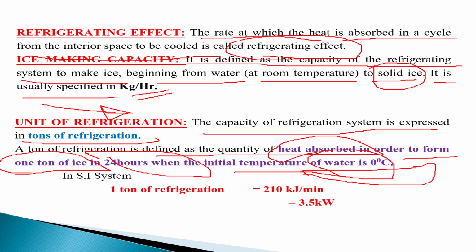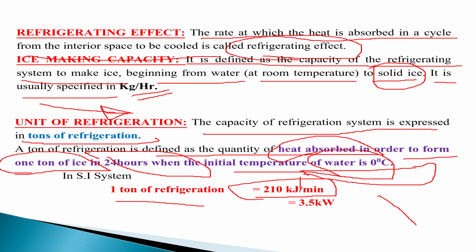The refrigeration obtained, we call it 1 ton of refrigeration. That is equal to 210 kilojoules per minute. At this rate, if you go on removing the heat for 24 hours, that means you go on removing 210 kilojoules of heat per minute.